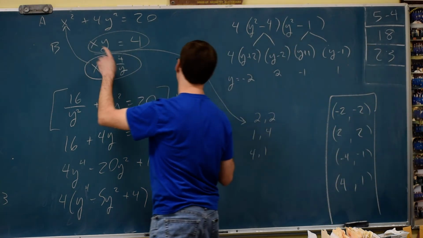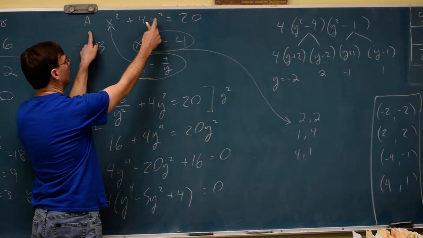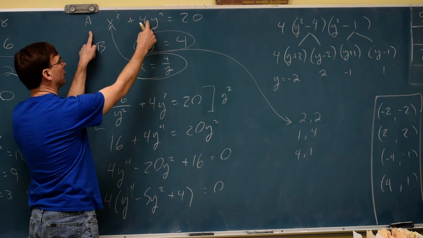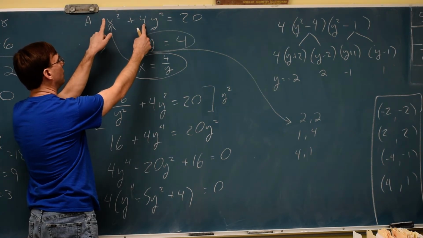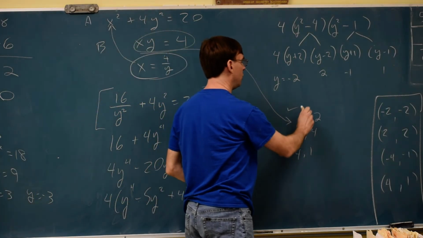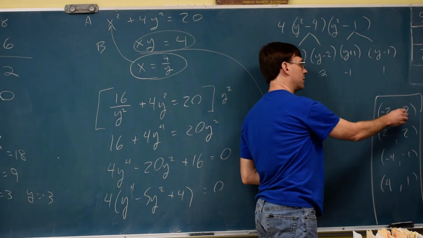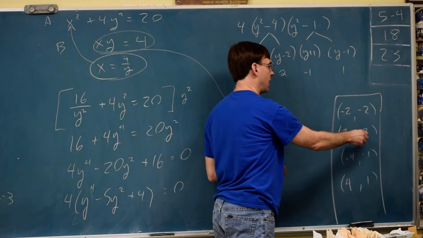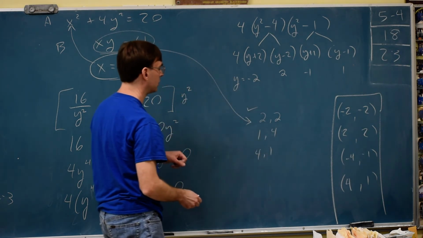If I try to put in this 2, 2 thing, 2 squared is 4, times 4 is 16, 2 squared is 4, 4s plus 16s make 20, 2 2s are a hit as long as the signs are the same. Negative times negative is positive, positive times positive is positive. I could find those from my times tables.